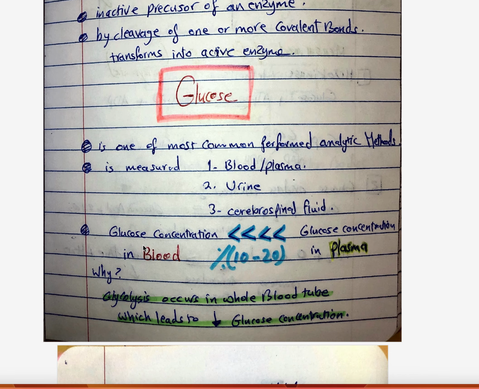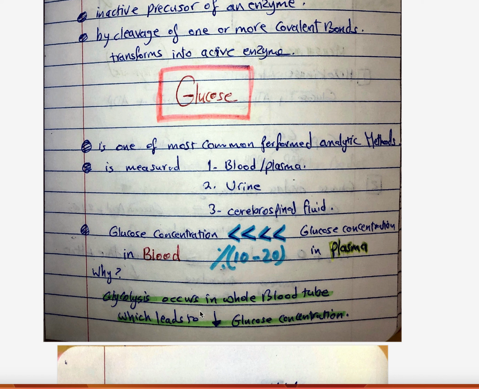The glucose concentration in the blood is 10 to 20% less than the glucose concentration in the plasma, which means that the concentration of glucose in the plasma is more than in the blood. Why?